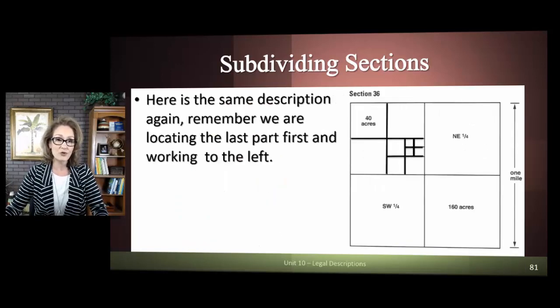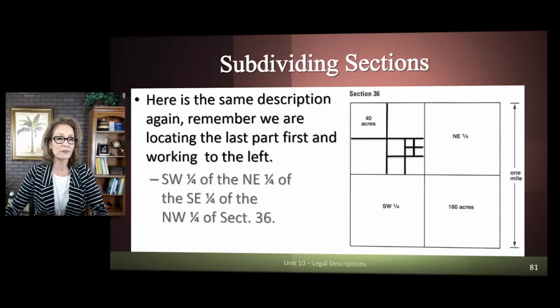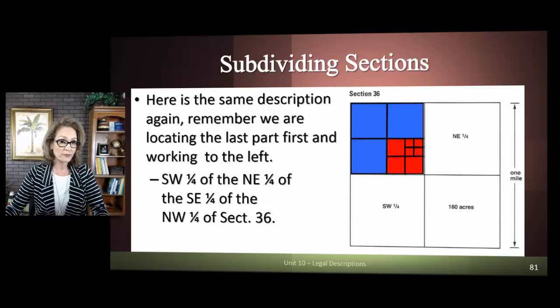Here is the same description again, but remember, we are locating the last part first and working to the left. So the northwest quarter of section 36, the southeast quarter of the northeast quarter of the southwest quarter.